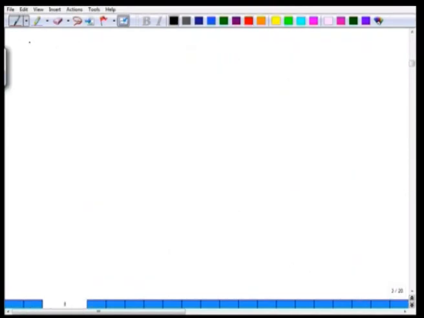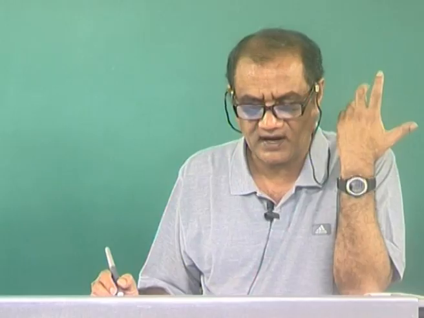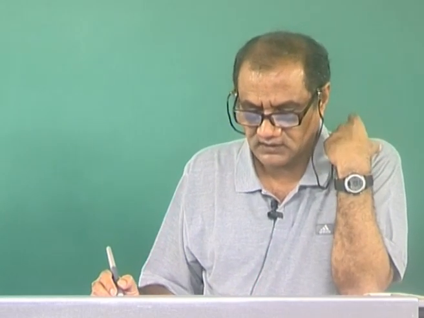So, let us get going on non-linear dielectrics. Remember, one example yesterday we took was BaTiO3, barium titanate. We will use this as an example of a non-linear dielectric, and remember I had shown the dielectric constant of this material as something like 3000, a very high dielectric constant material, and I said this is a non-linear dielectric.